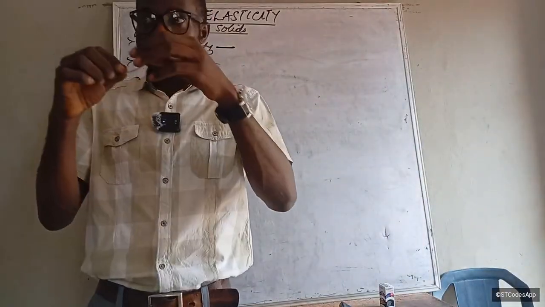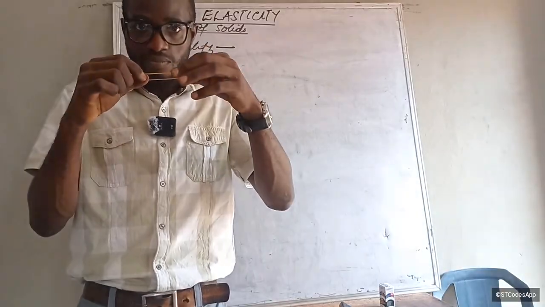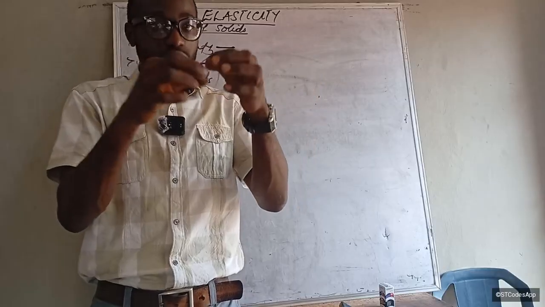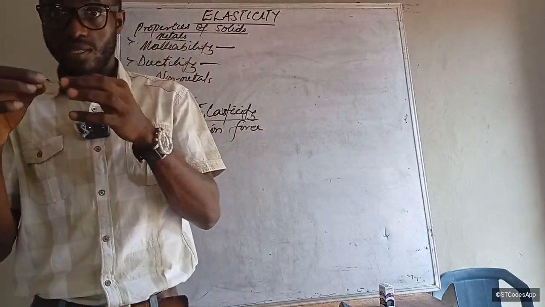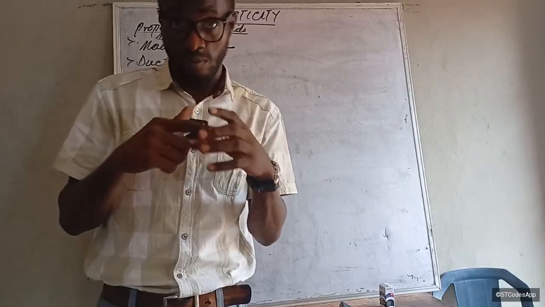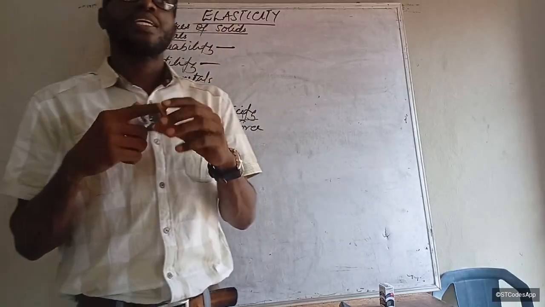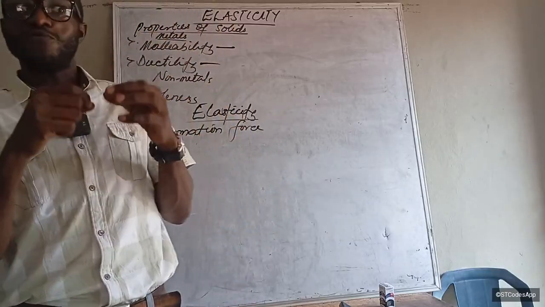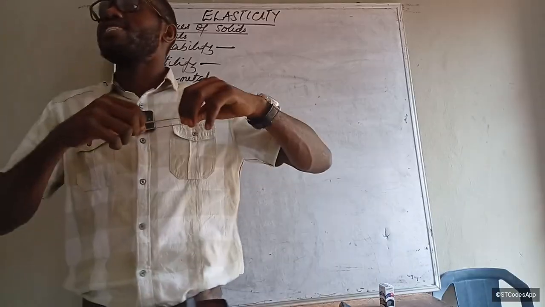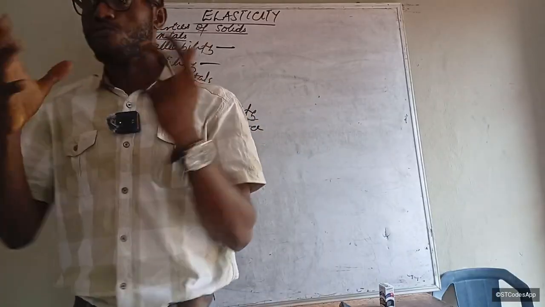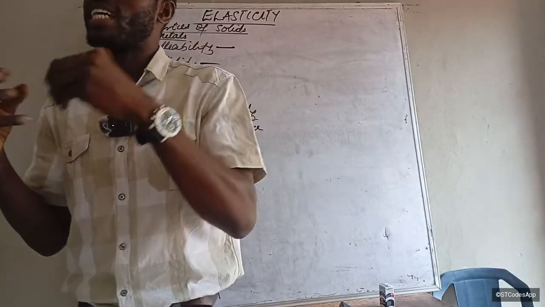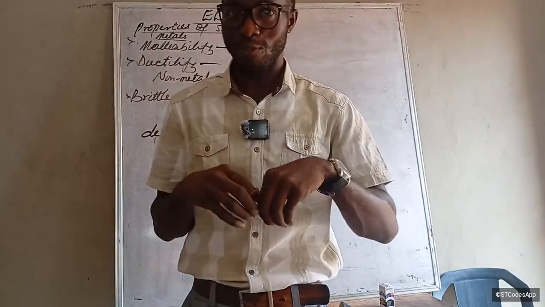Now if I apply force on it and I release the force, see, it returned to its original state. Is that clear? But there is something with elastic materials. Sometimes when you deform them under a very huge force, they are not going to be able to return to their position again.